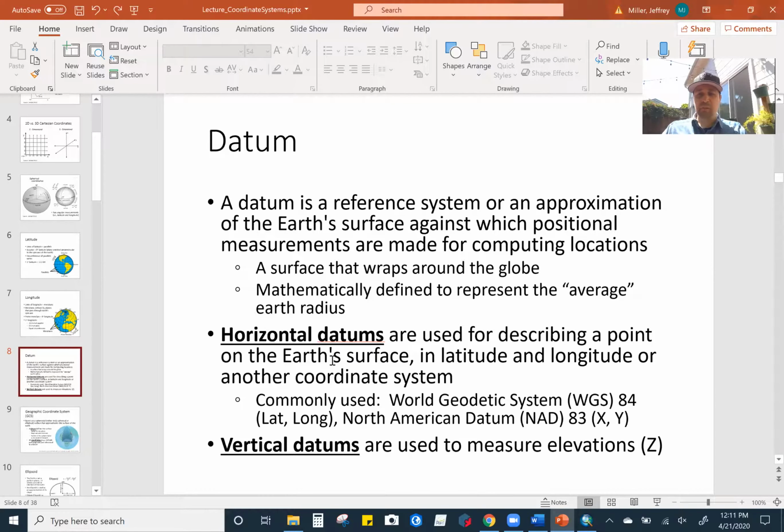Horizontal datums, these are used, that's like what I just mentioned here. So the horizontal datum for, let's say, latitude and longitude, described a point on the Earth's surface, latitude and longitude, or another coordinate system. So if we were talking about spherical, the horizontal datum would be that 0, 0 location, okay?